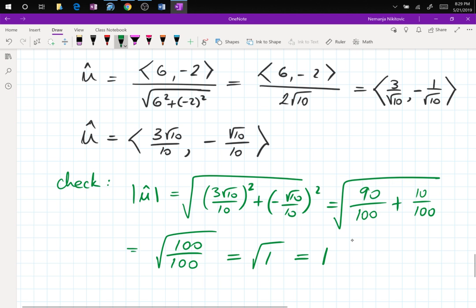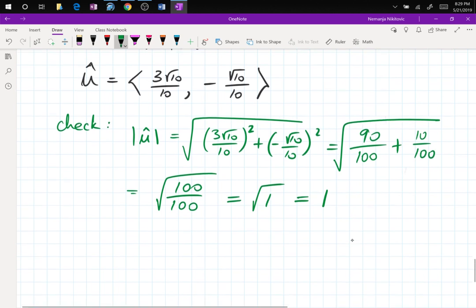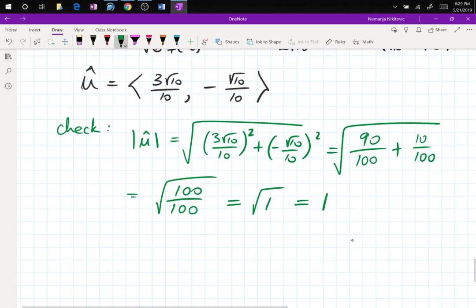Now, the direction, I promised that the direction of this unit vector is going to be the same as the original vector. So now we're going to find the direction. Direction theta is inverse tangent of y, which is negative root 10 over 10, divided by 3 root 10 over 10.